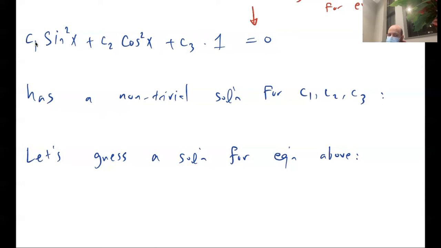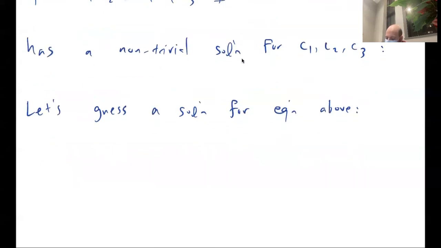Well, here if I set C1 to be 1, C2 to be 1 as well, then sine squared plus cos squared will be 1. So if I set C3 to be minus 1, then I'll have 1 minus 1, which is 0. So set C1 equals C2 equals 1, C3 equals minus 1.